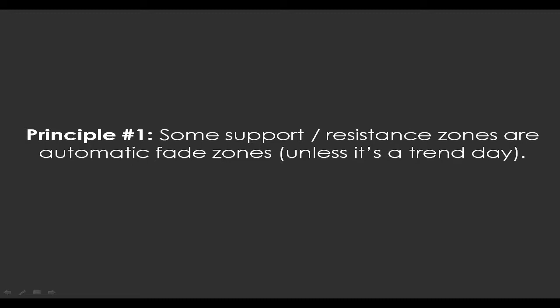So even though we're saying some are automatic fade zones, it doesn't mean they're always going to work. It just means that they're so important and they work the vast majority of the times that it just makes sense no matter what the intraday character, unless it's a pure trend day against coming into the zone, you're just going to want to trade there.